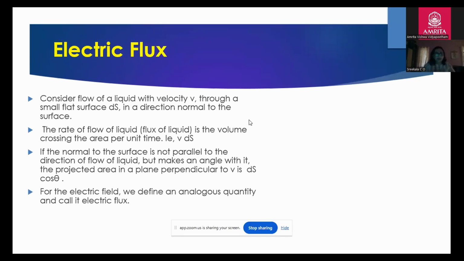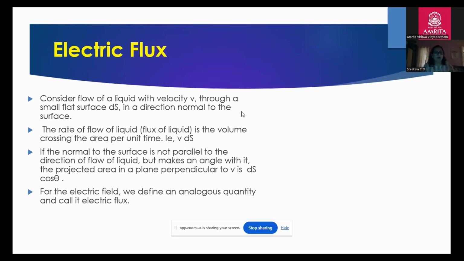In order to explain electric flux, we'll first consider the flow of a liquid. If a liquid is flowing with a velocity v through a small surface ds, normal to the surface, then the rate of flow, that is the volume of liquid flowing per second, is called the rate of flow.